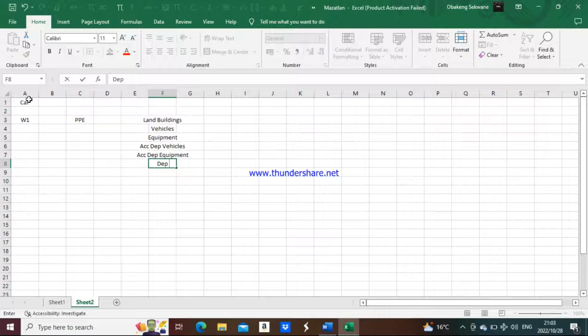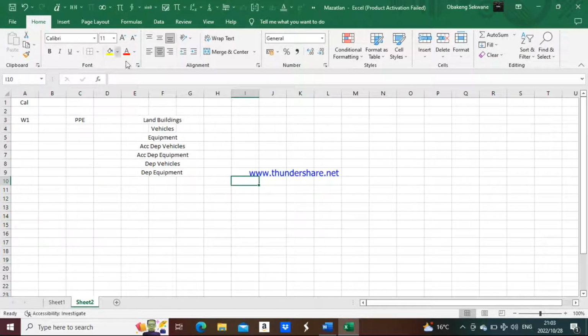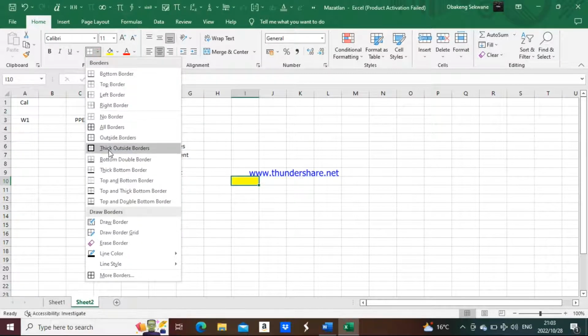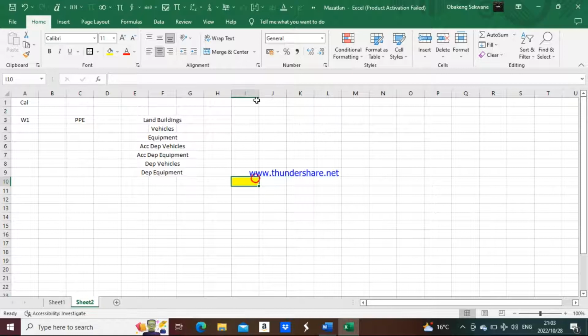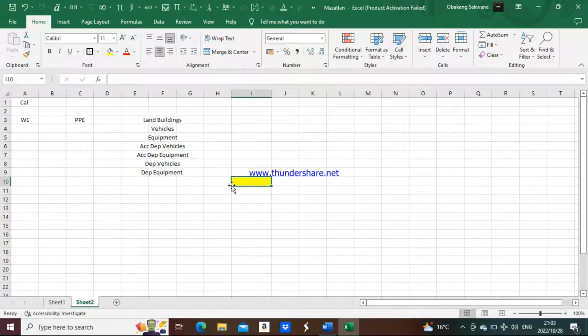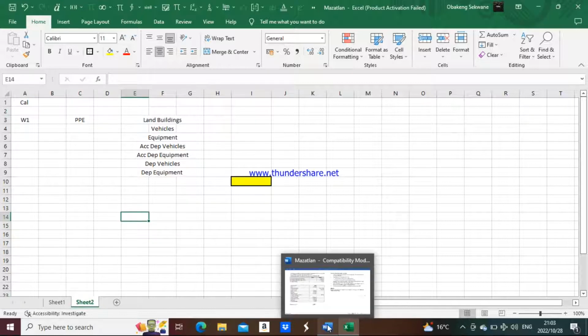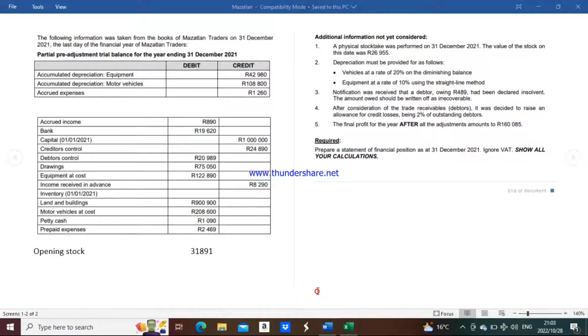Then we have depreciation on vehicles and depreciation on equipment. So here we'll have our total. It will be highlighted. So we're just going to extract the information which we have.